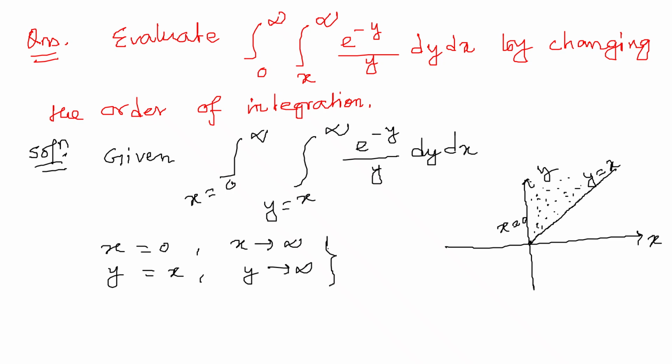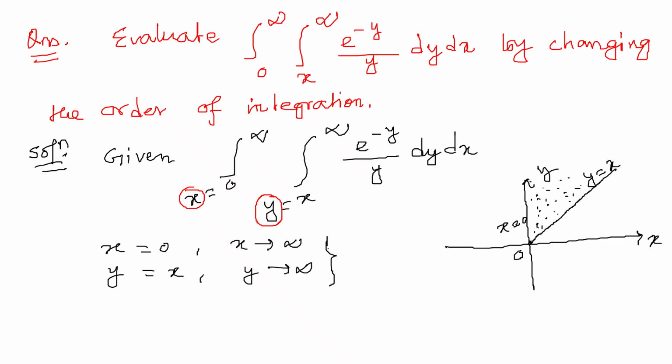Is it clear? So actually, whatever the limits will be, by using those limits you have to identify the region which is enclosed by those curves. Now, as I told you in the previous example also, your inner limit was for y first and next x. By changing the order of integration, we'll do with respect to x, then with respect to y.